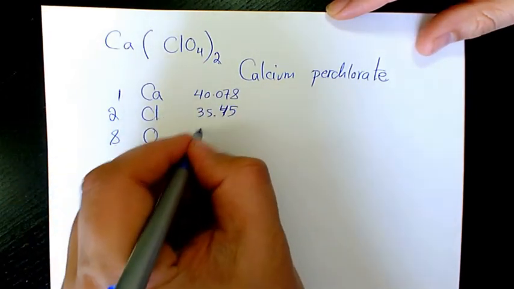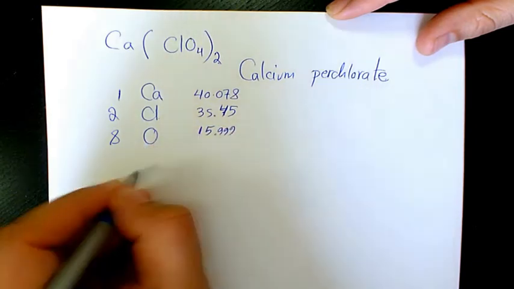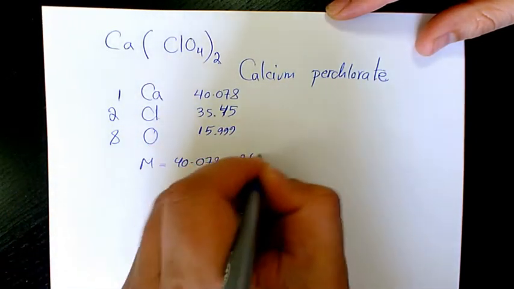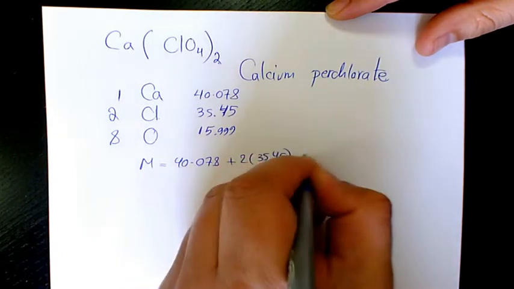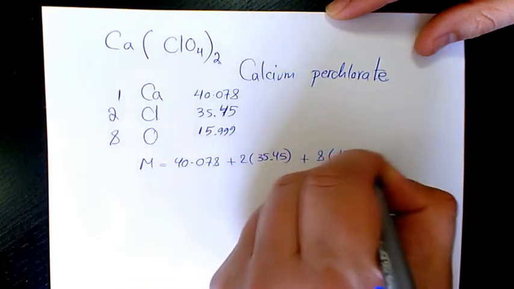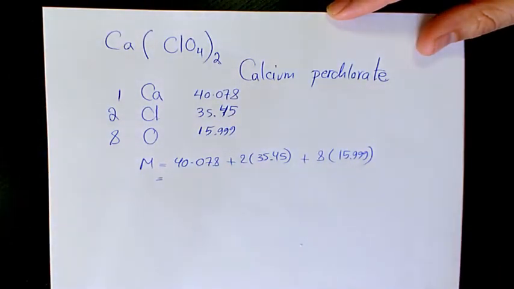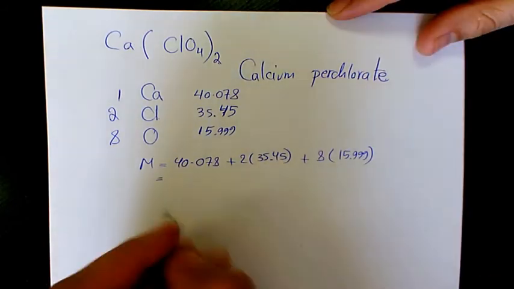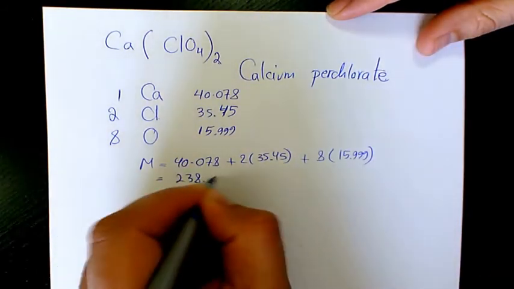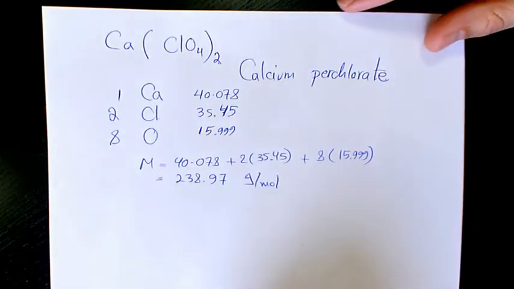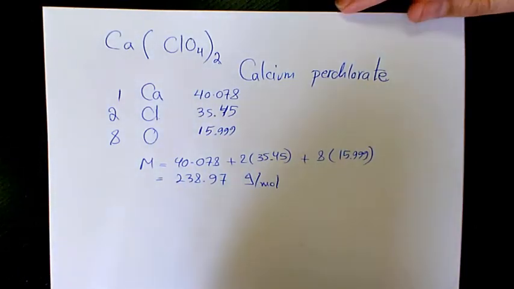Oxygen is 15.999. So that's going to be 40.078 plus 2 times 35.45 plus 8 times 15.999. It's going to be 238.97 grams per mole. That's calcium perchlorate.